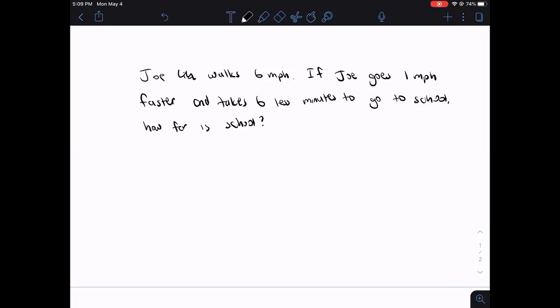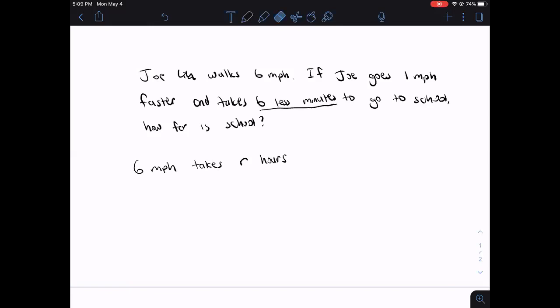All right, so first, let's look at what we know. So normally, we have 6 miles per hour takes T hours. And notice how we're using hours here, because even though this is in minutes, miles per hour is in hours. So it's just easier for us to use that.